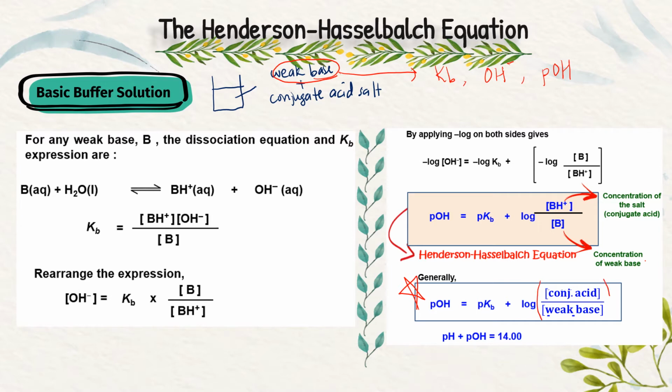Again, dekat sini akan ada kurungan. Okay, log for everything that you have over here. So, to find the pH, later awak akan gunakan this equation lah. pH plus pOH equals 14.